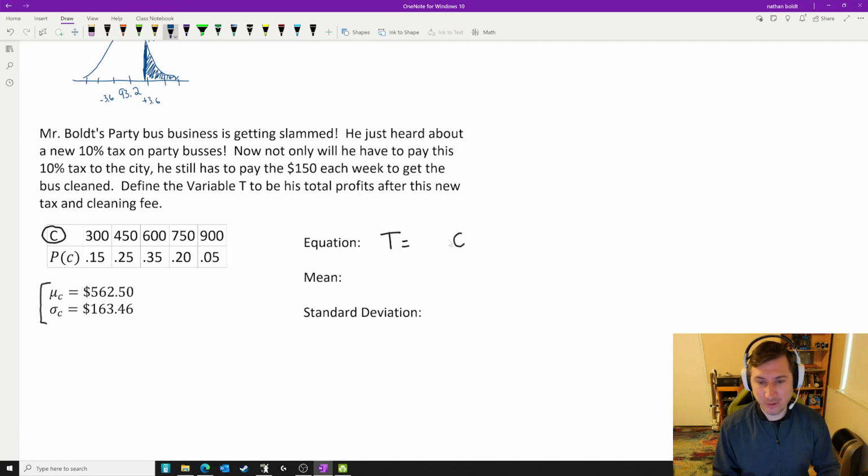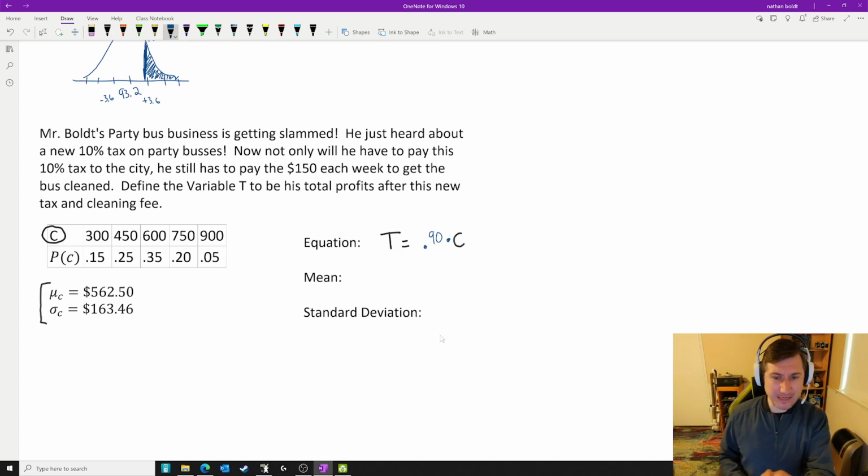If they take away 10%, I'm actually only left with 90% of my money. 90% of means multiply my money. So multiplying by 0.90 takes away 10%. I'm only left with 90% of my money after that tax.